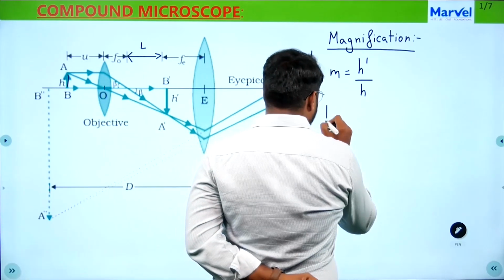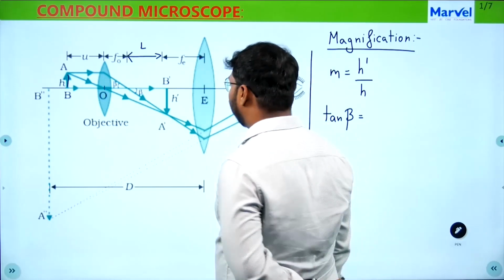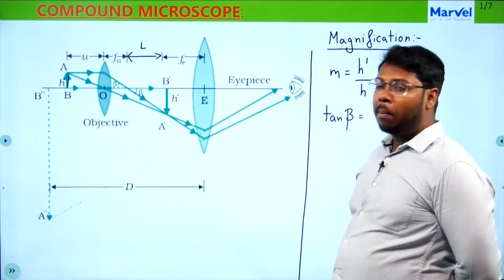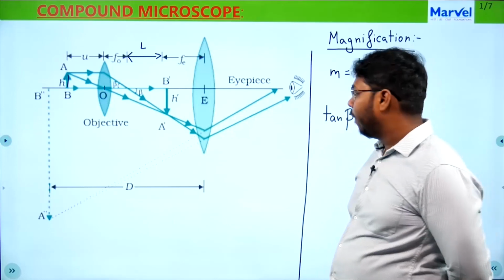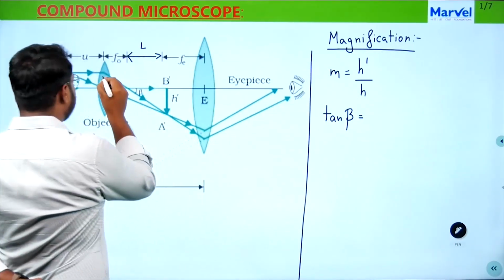So now tan beta is equal to opposite by adjacent. First I will take this beta over here, which is h.